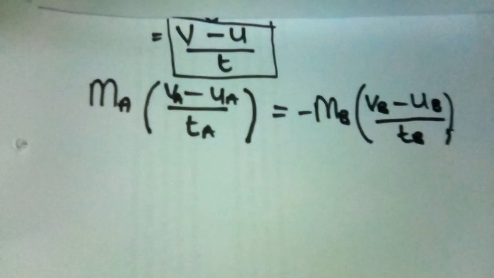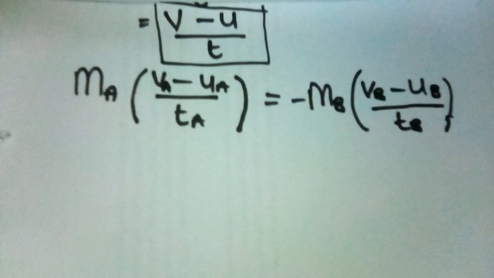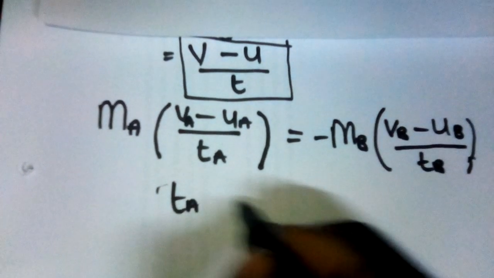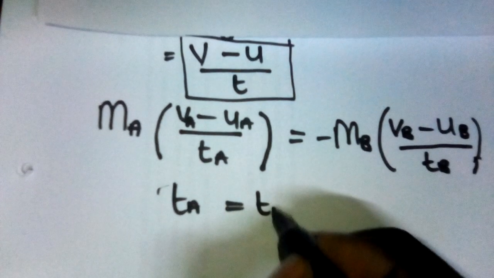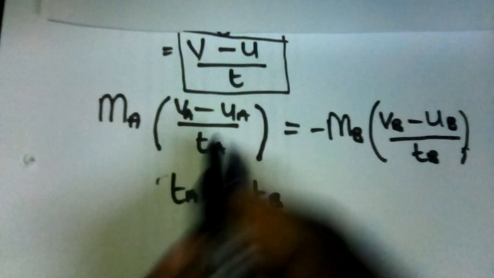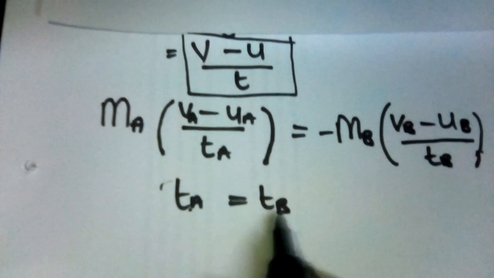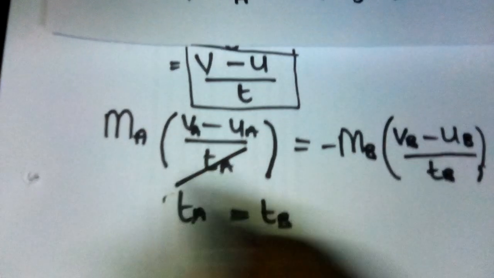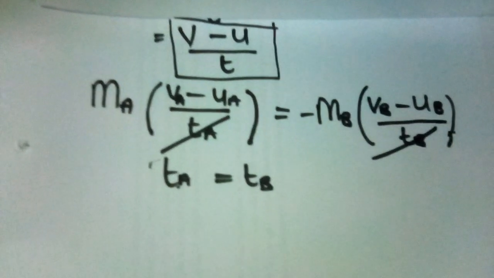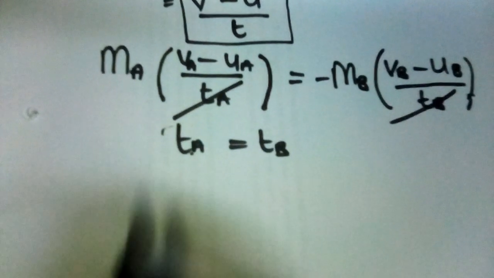Remember, the two bodies had collided at the same time. This implies that the time of A is equal to the time of B. It is mathematically correct to cancel out the similar parameters. So if these two are equal, we can simply cancel them out of our equation. So what are we going to remain with?